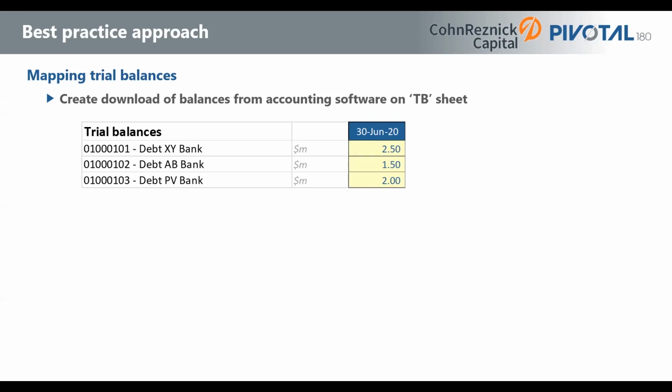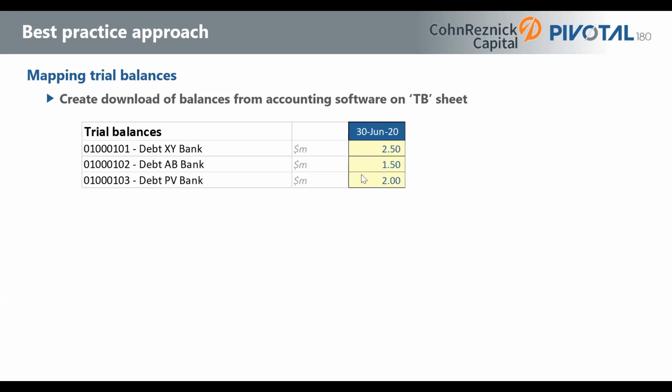We know that all of these bits of debt are part of our total debt, but it's broken up into three separate loans in our accounting system. And the same would go for any other balance, maybe your tax basis or book basis for depreciation. Most accounting software can export the trial balances directly into Excel, into our mapping sheet, with a click of a button, and they can do this every time the information is required.